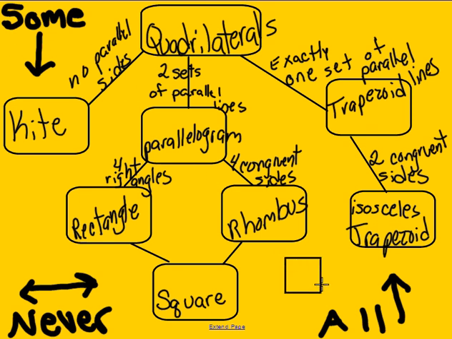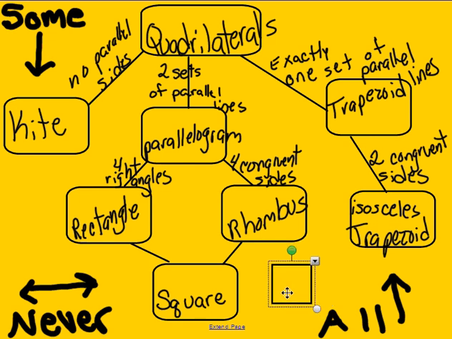If I take a square, for example, this square here has four congruent sides, four 90-degree angles. It has two sets of parallel lines.